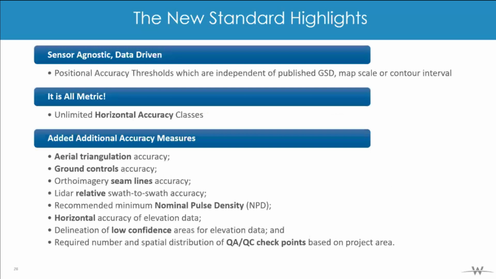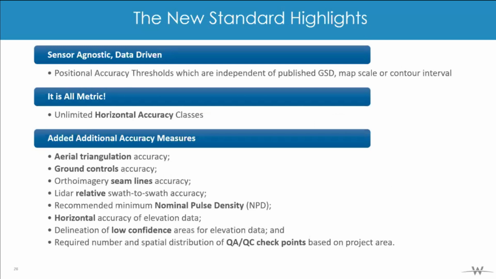So the new standard highlights: sensor agnostic, data driven. We removed any threshold related to scale or GSD or flying altitude or certain camera format, just because it doesn't make sense. The user of the data, all they care about is the data in their hand.